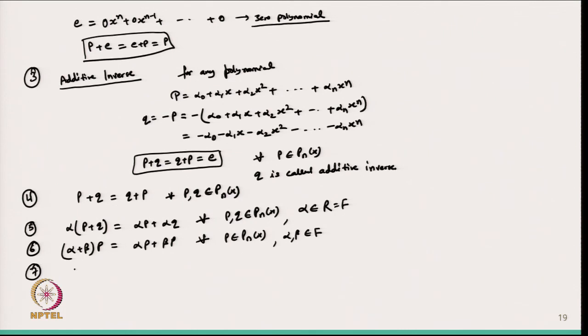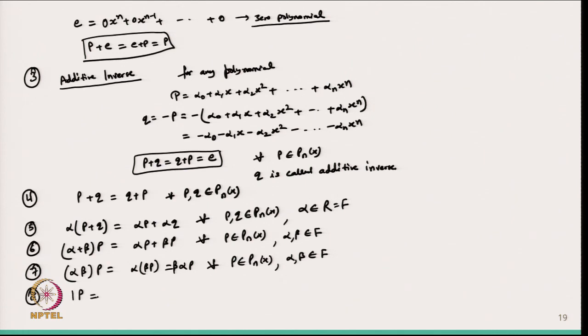And the seventh one is alpha beta p can be written as alpha times beta p, or maybe beta times alpha p. This is true for all p and alpha, beta belonging to the field. And then the last one is the one coming from the real line: 1 into p.